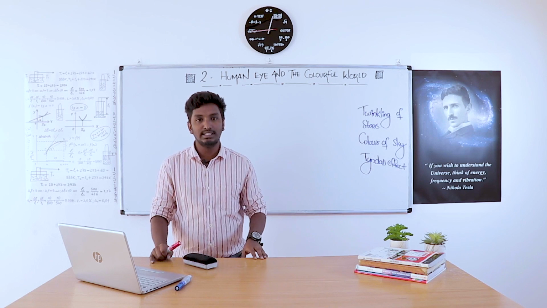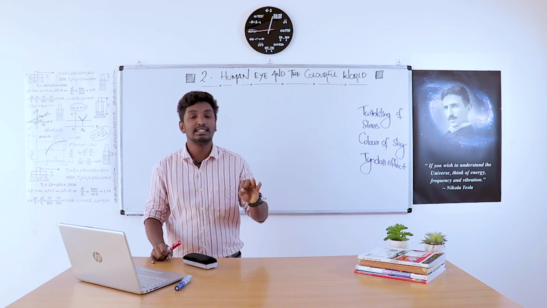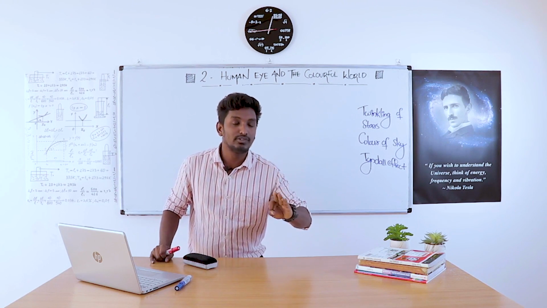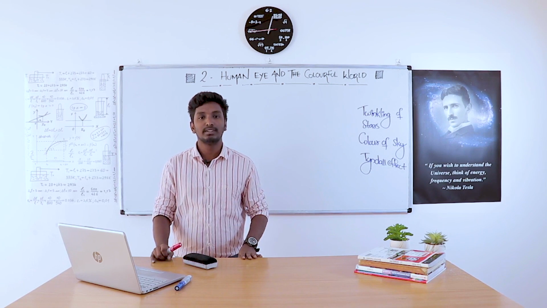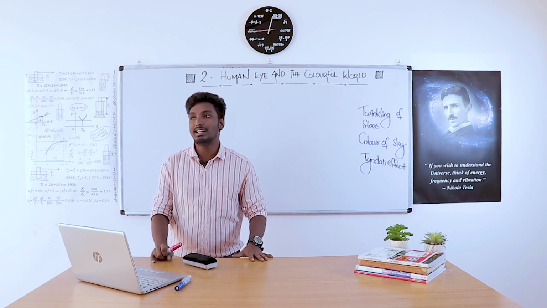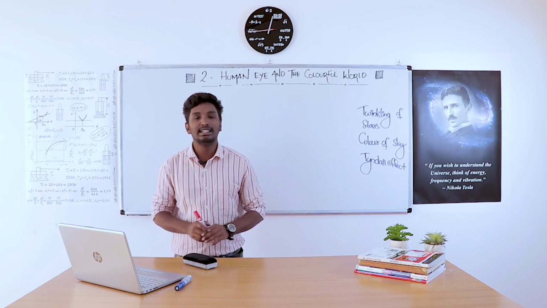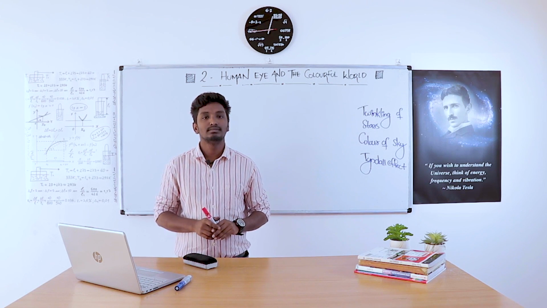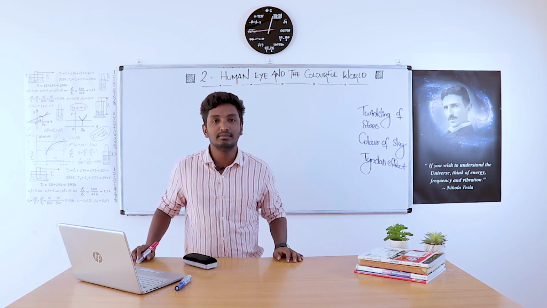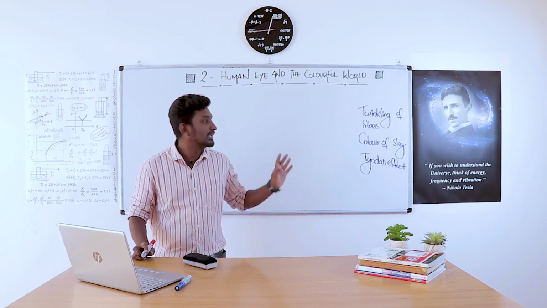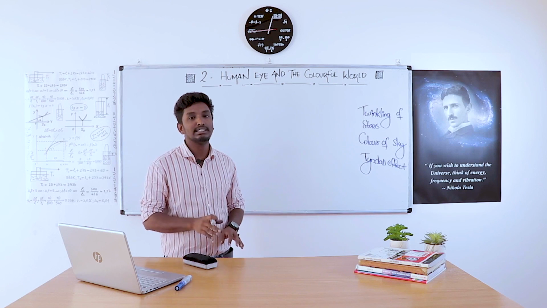Then some general questions: color of sunrise and sunset, advanced sunrise and delayed sunset, formation of rainbow, blue color of the sky, twinkling of stars, why astronauts see the sky as dark, why red color is used in danger signal lights. Then we are getting 4 minutes extra in daytime, what's the reason behind this? Then the last topic, Tyndall effect. These are all the topics that we have discussed in this chapter.